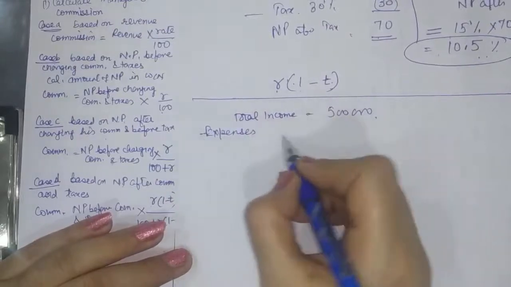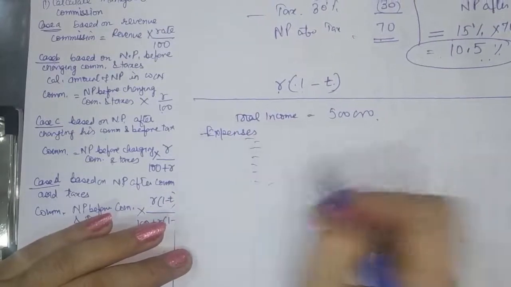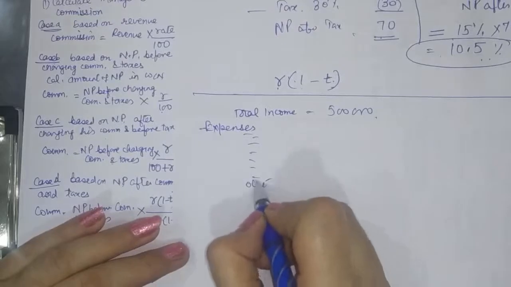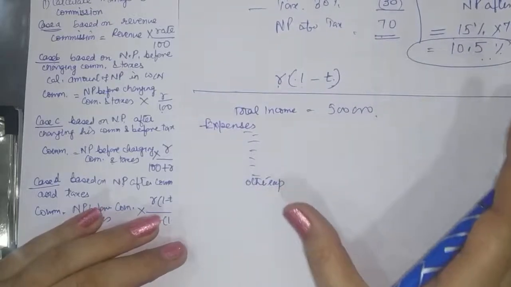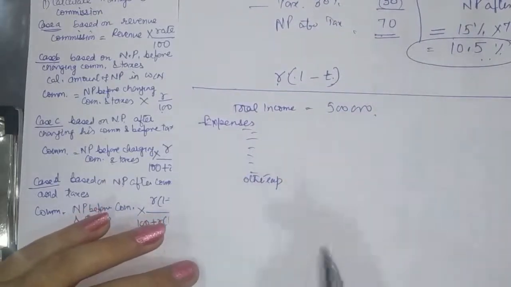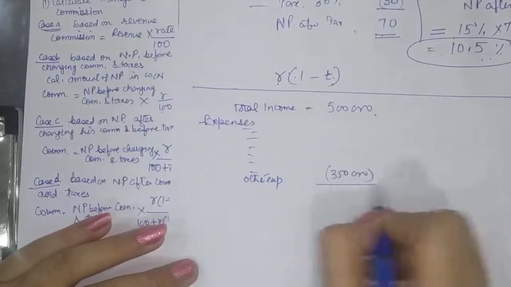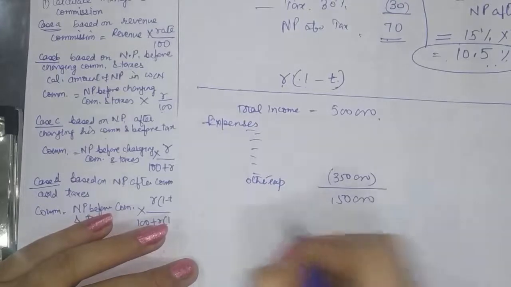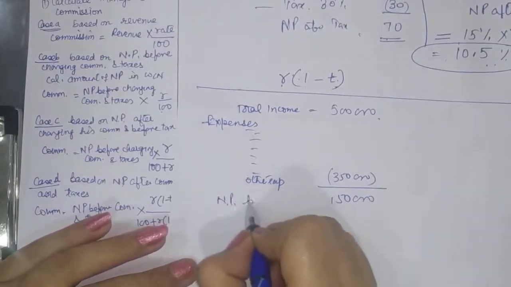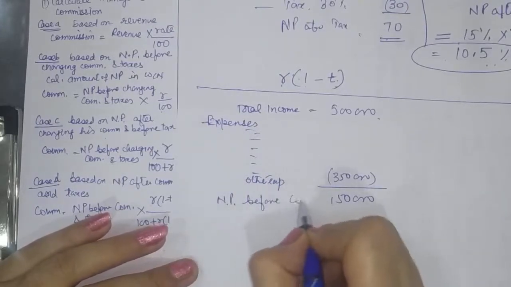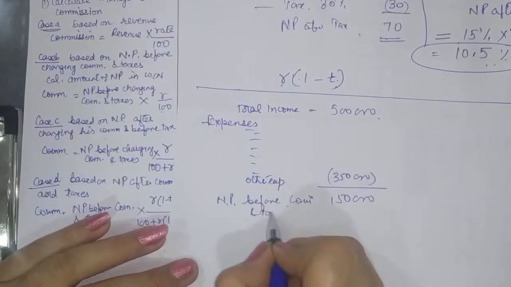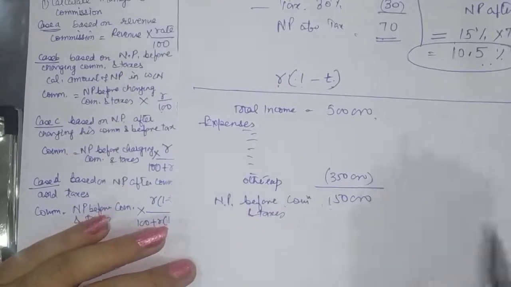You recorded all expenses under different categories and other expenses also. Of course, the manager's commission is not there because we are yet to calculate it. Suppose all this, without the commission, comes out to be 3,50,000. It means in our working notes we will say that net profit before commission and taxes is 1,50,000.